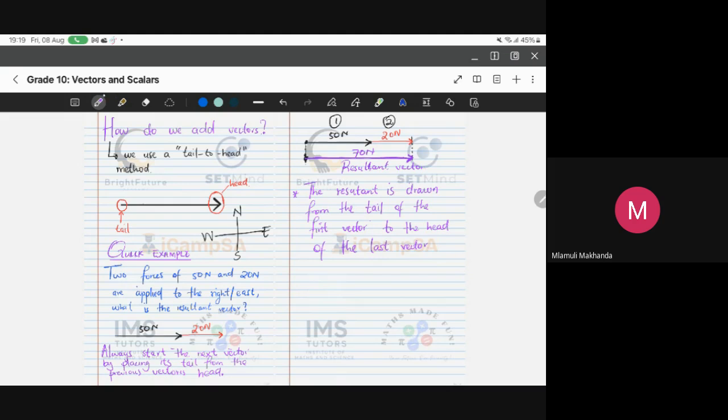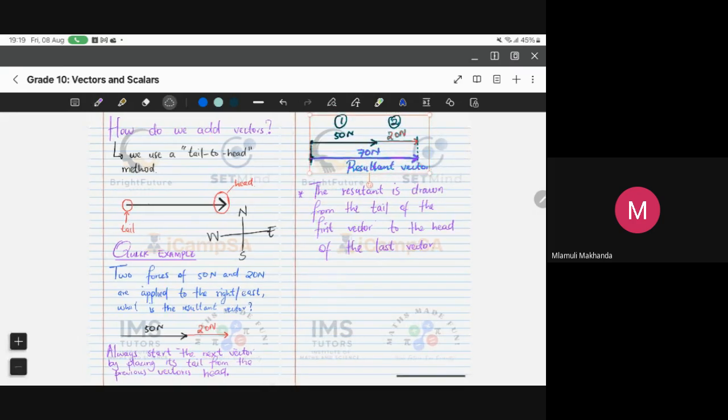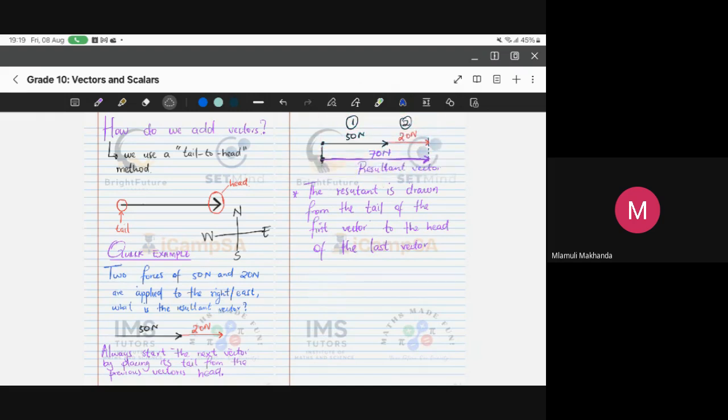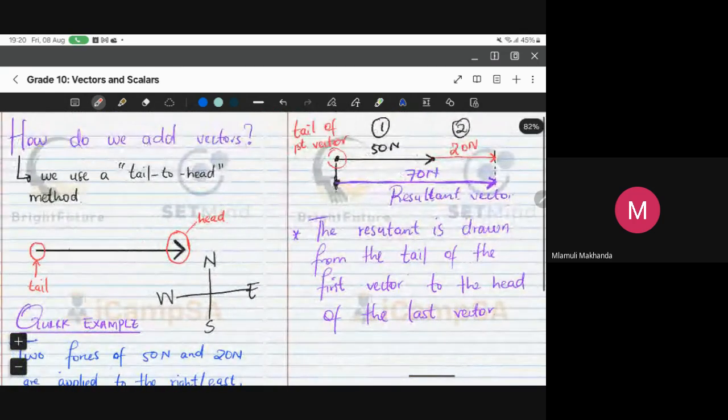So let's label it. This is our tail. Tail of the first vector, right, is this one.